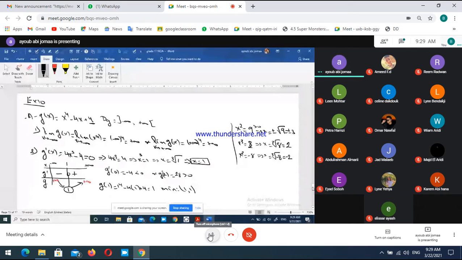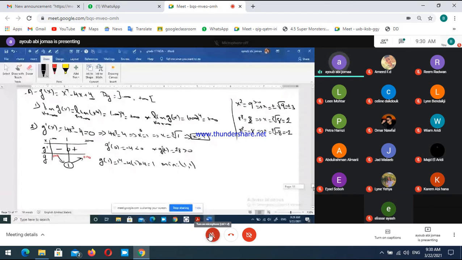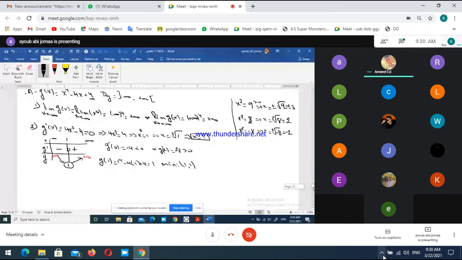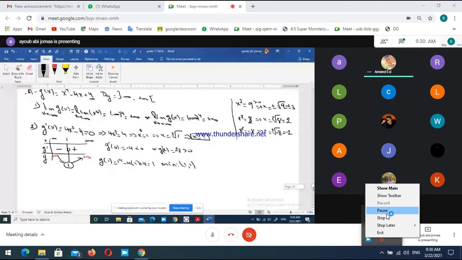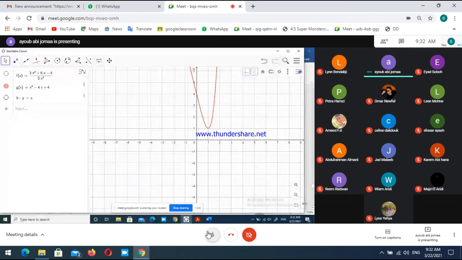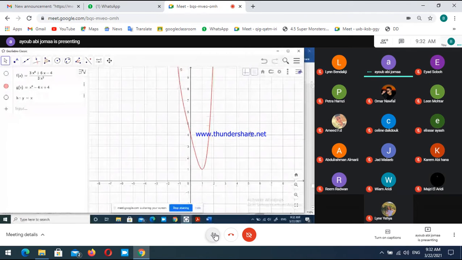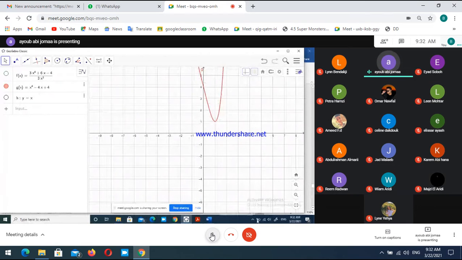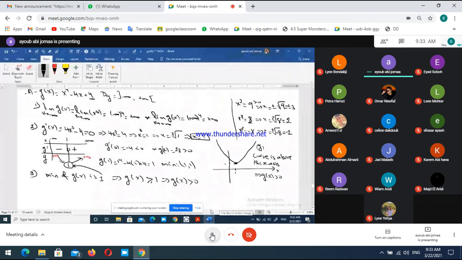Part 3: determine the sign of g of x. Both terms are positive, correct.